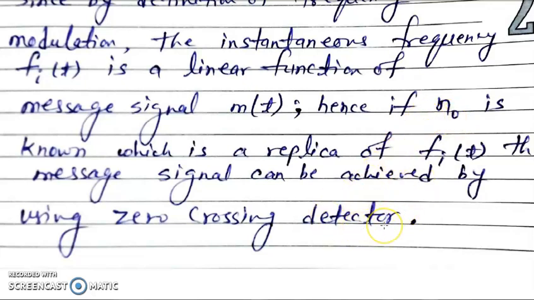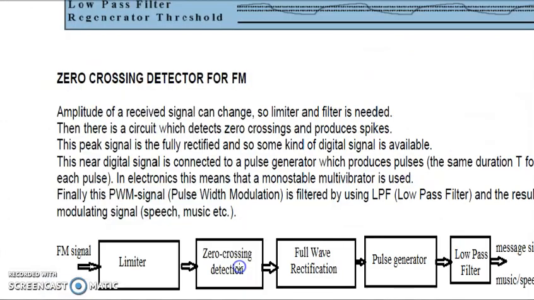and this N0 can be integrated together in the application of the zero crossing detector. As we have seen in the formula, the complete zero crossing output we are getting from the pulse generator is in the form of a number of pulses.